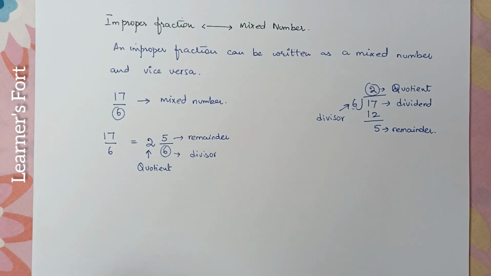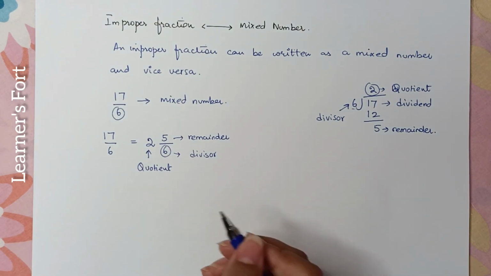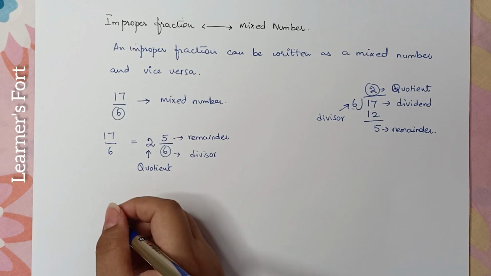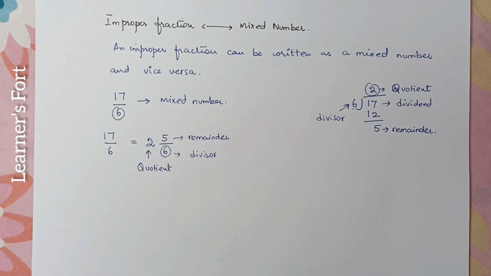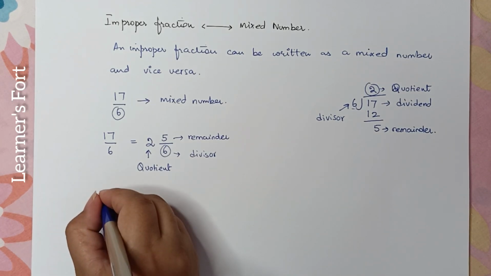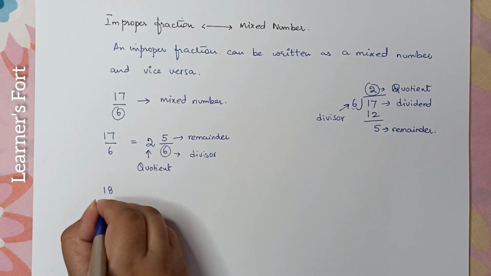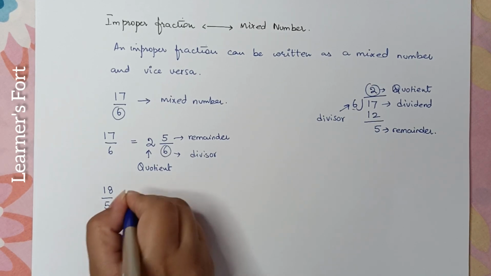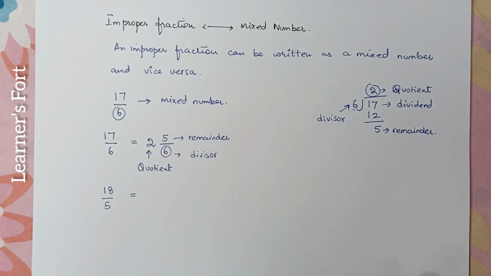Okay, let me explain it again. Let's suppose we have another example. We have 18 upon 5. Right, now we have to write it as a mixed number.